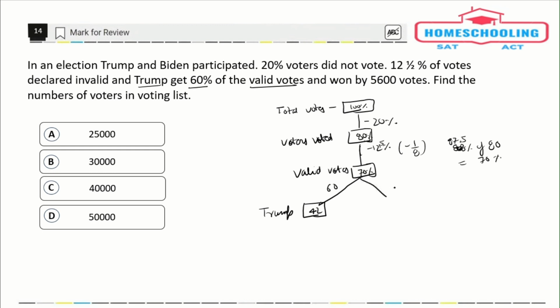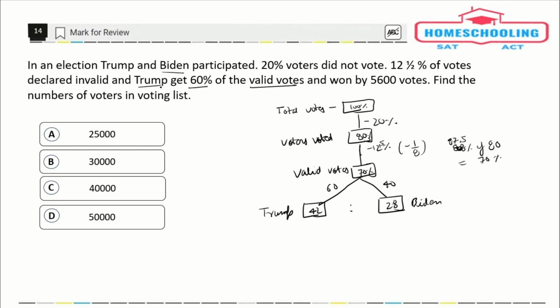And the rest would be given to Biden. So Biden will get 40% of 70. So 0.4 into 70, that would be 28. So Trump and Biden votes are in ratio 42 and 28.